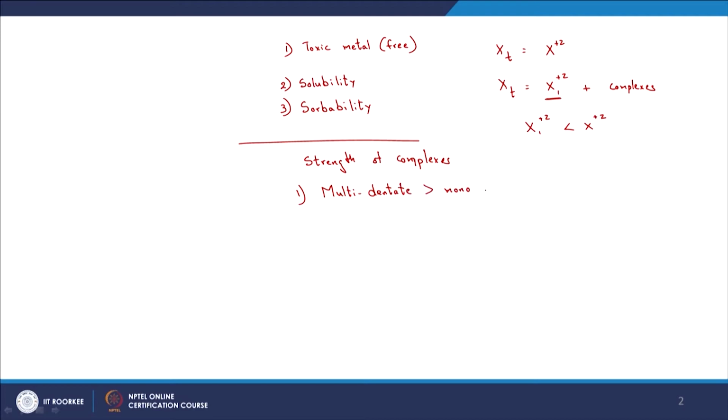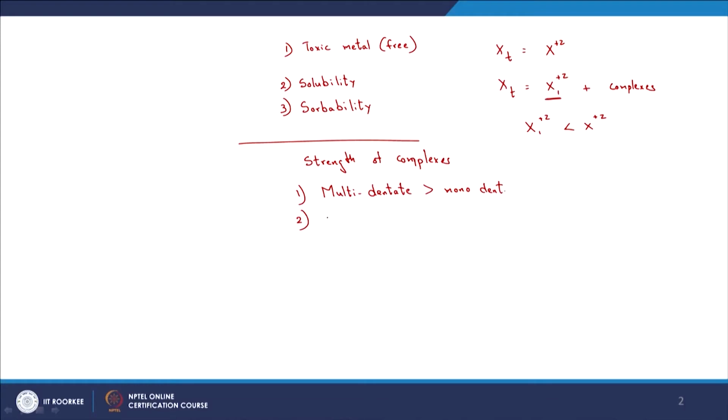Again, what are multi and monodentate about? Multi means you have a ligand with multiple binding sites, and monodentate is one with only one binding site. Thus, a multidentate complex would in general be stronger than a monodentate complex. And the second one, obviously, is that the complex is stronger the greater the charge of both the metal and the ligand.